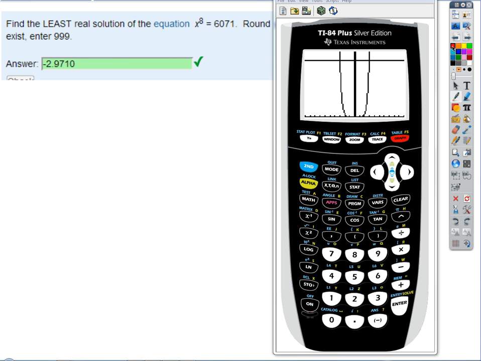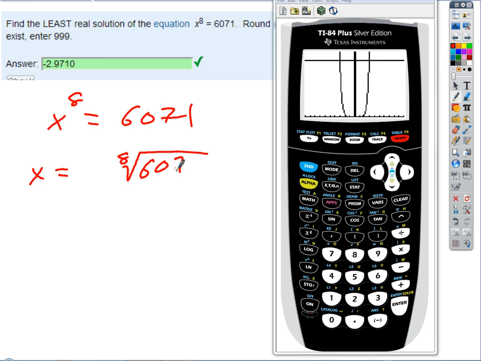Well, if x to the 8th equals 6,071, then what's x equal to? How do I find x? Eighth root of 6,071. But what am I forgetting? I've got to have a plus or minus because it's an even root, right?